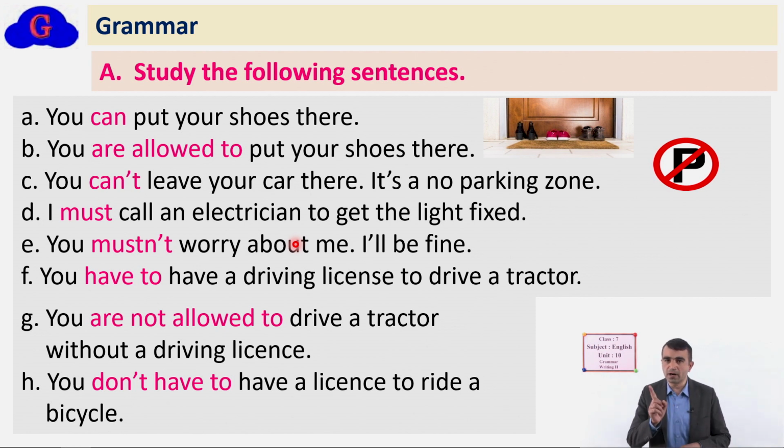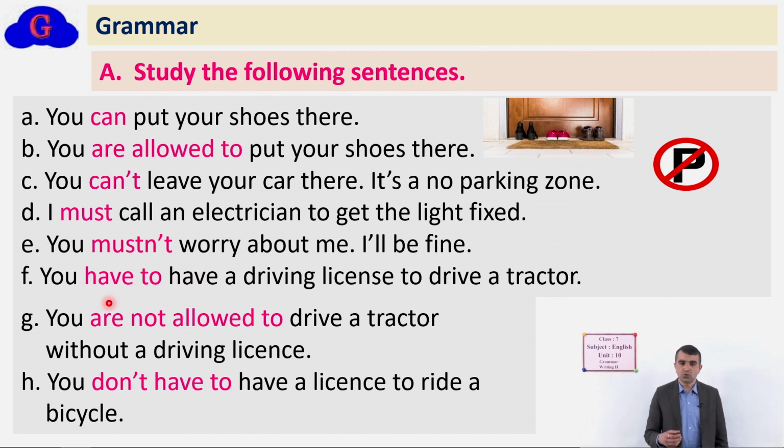It's a no parking zone. Why can't you leave your car there? This is no parking zone. Now, number D. I must call an electrician to get the light fixed. Number E. You mustn't worry about me. I'll be fine.